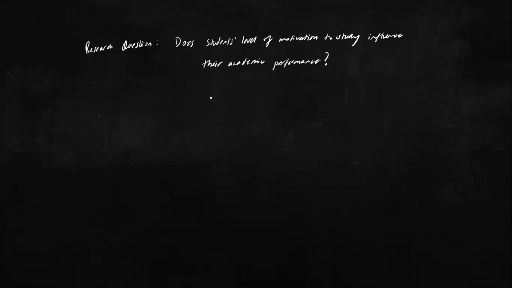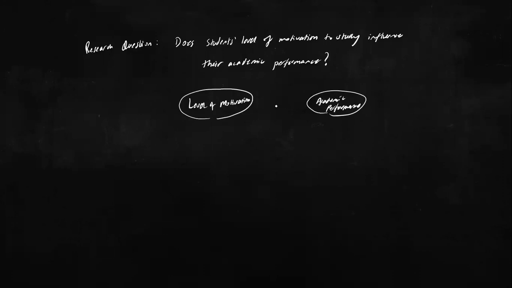We therefore have two variables, which are level of motivation, our first variable, and the second variable, performance. And we just want to know whether there is a relationship and association between those two variables.